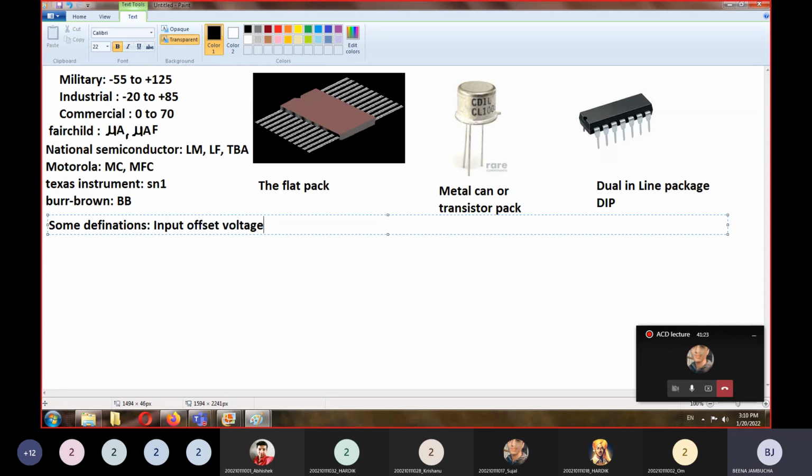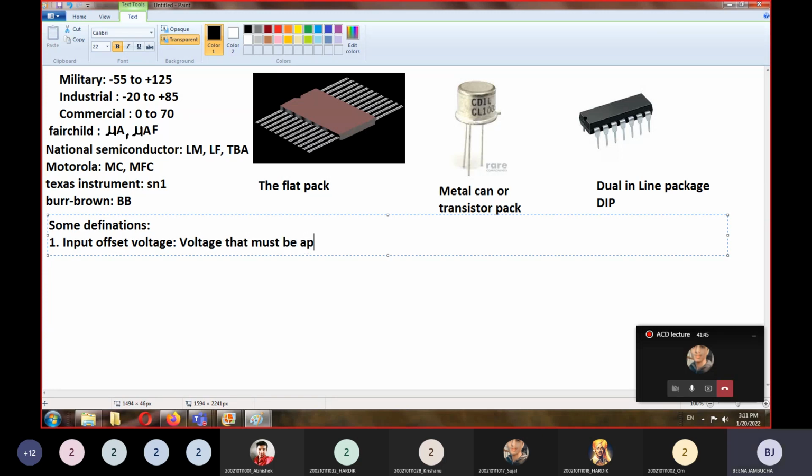I have already explained what input offset voltage is. It is the voltage that must be applied between the two input terminals of the op-amp to nullify the output, and it is known as the input offset voltage, right?